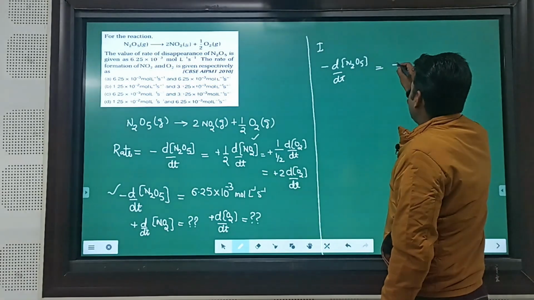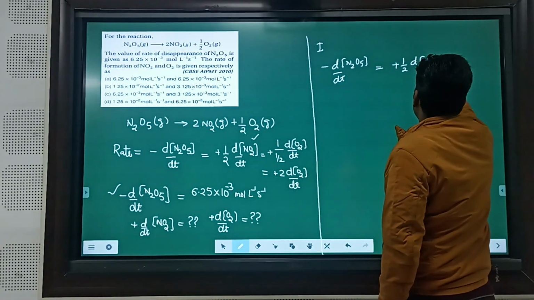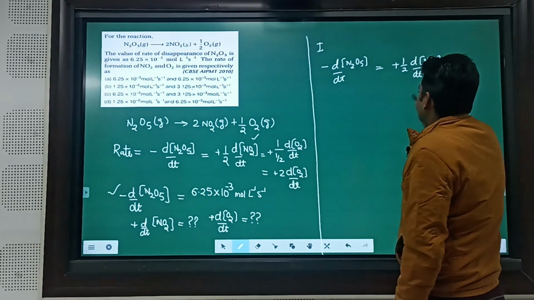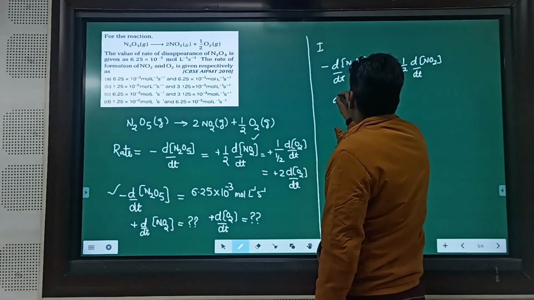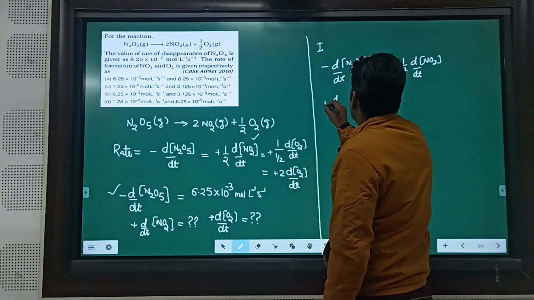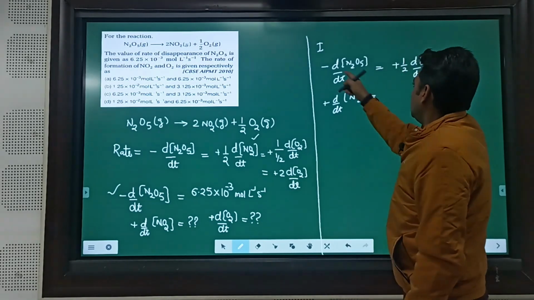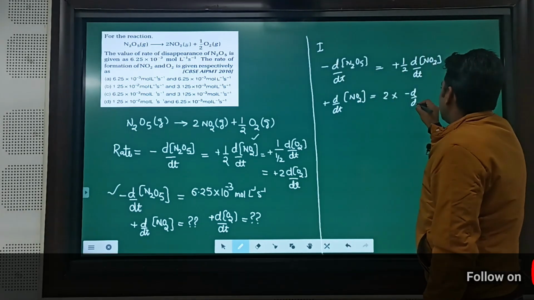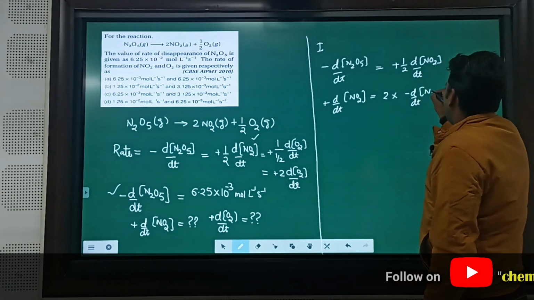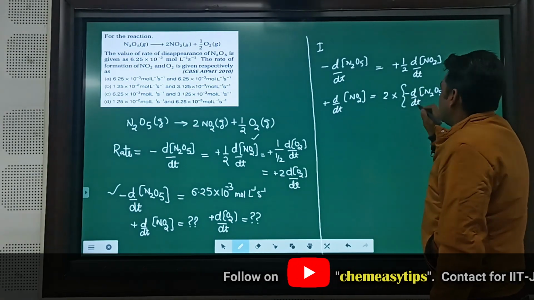So that is equal to plus 1/2 d[NO2]/dt. Okay, so we rearrange this equation. So d[NO2]/dt is equal to twice of minus d[N2O5]/dt. So that is the relationship.